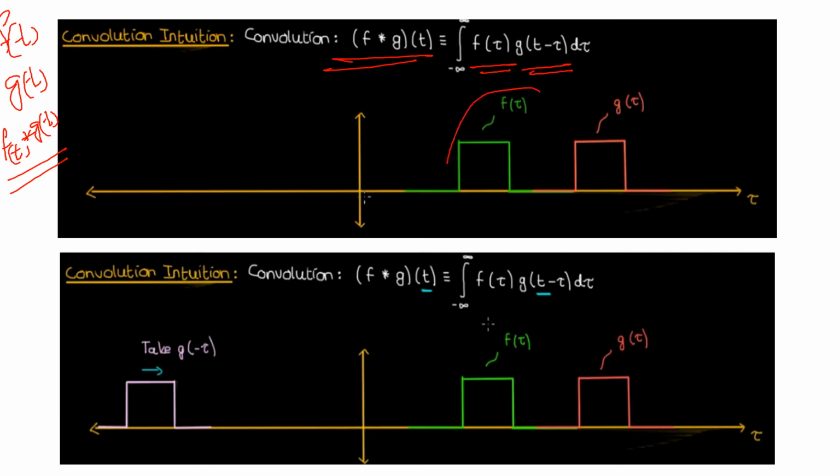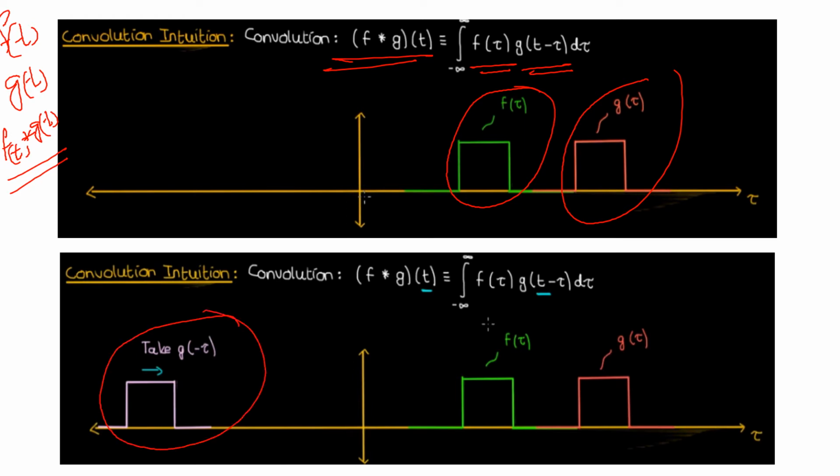And consider another function g of tau. f of tau and g of tau are two functions. Now take the inversion of g of tau, that is g of minus tau. This is g of minus tau. It is like a mirror image of g of tau about the vertical axis, or the y-axis.